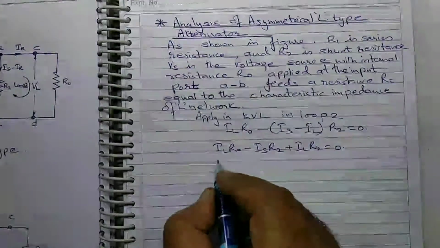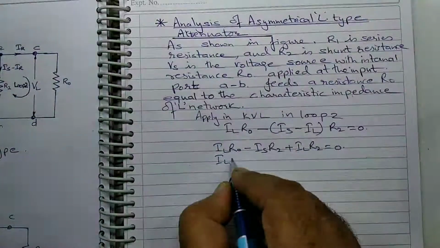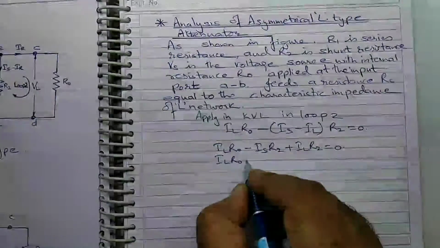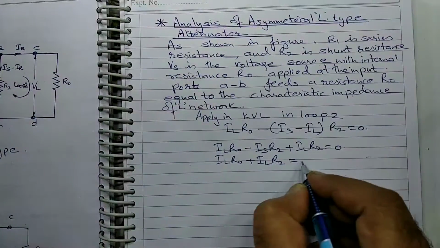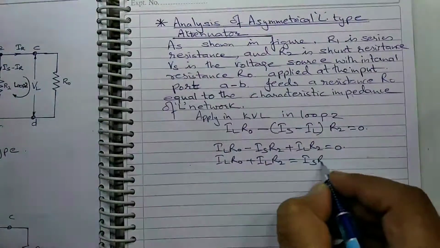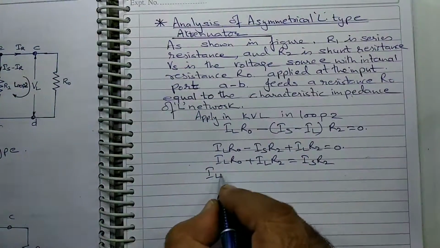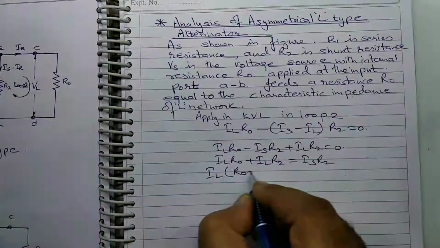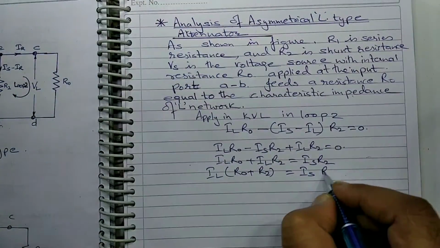So, this is IL Ro plus IL R2 is equal to Is R2. So, IL is common. (Ro plus R2) IL is equal to Is R2.